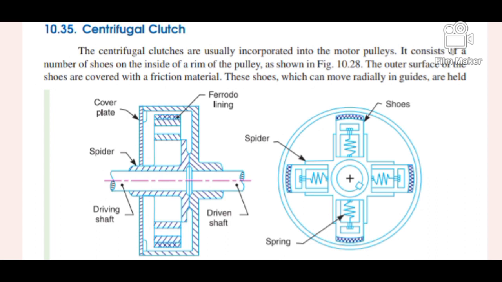Here the springs exert a radially inward force which is assumed constant. The mass of the shoe when revolving causes it to exert a radially outward force, the centrifugal force. The magnitude of this centrifugal force depends upon the speed at which the shoe is revolving. The centrifugal clutch can also be used in automatic transmission between the shafts.